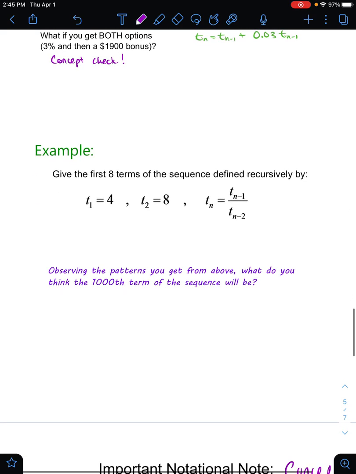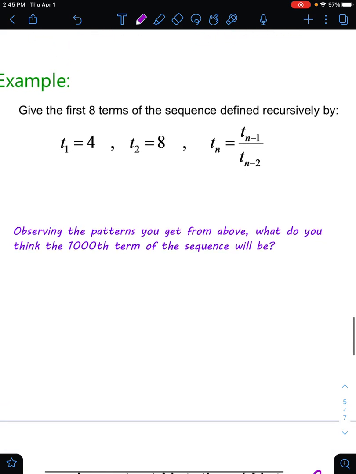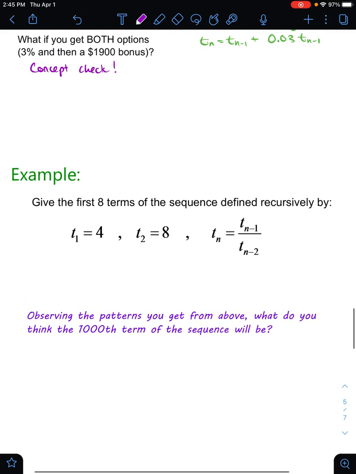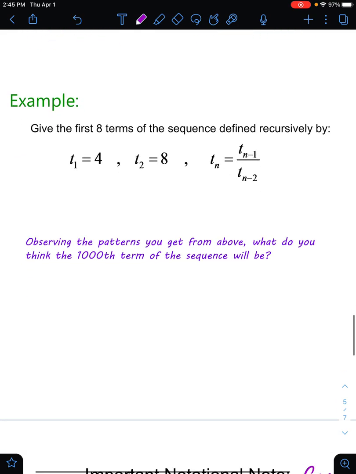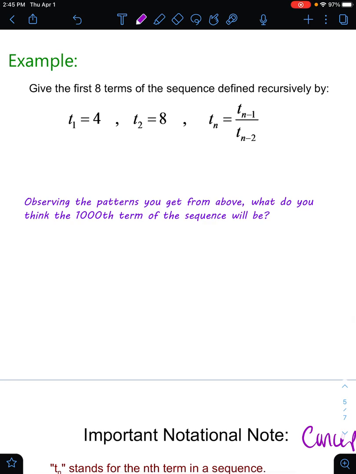All right, so this last problem says, give the first 8 terms of a sequence. Again, pause and do the concept check and then come back here. Give the first 8 terms of the sequence defined recursively by this formula. All right, well, T sub 1 is 4, T sub 2 is 8.